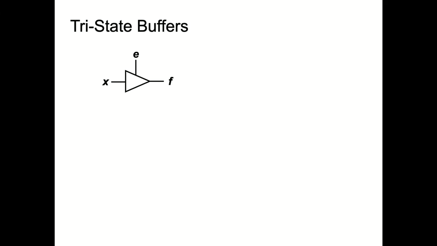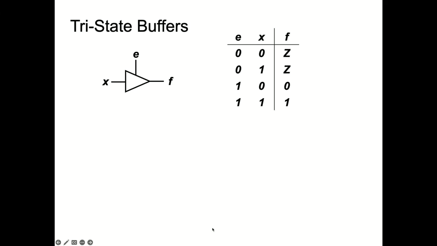It means nothing is driving that wire. There is nothing pulling it up or down. Okay, so a tri-state buffer is basically a little device that lets you shut off the input or pass it through as you desire.